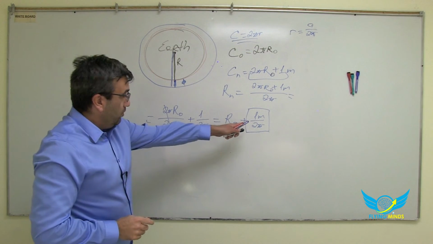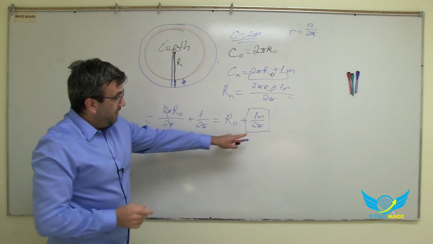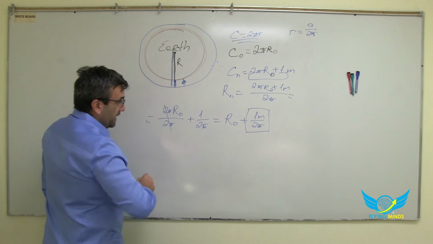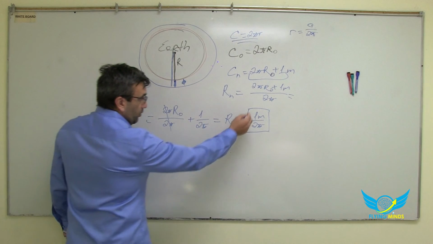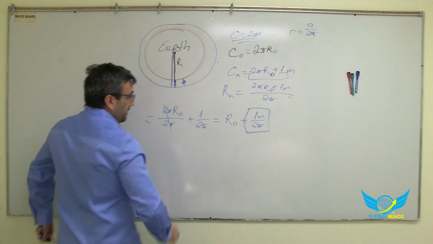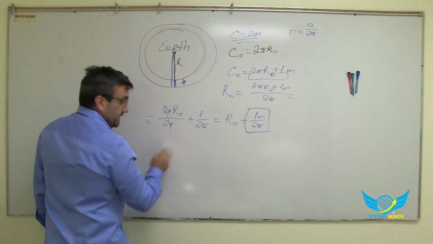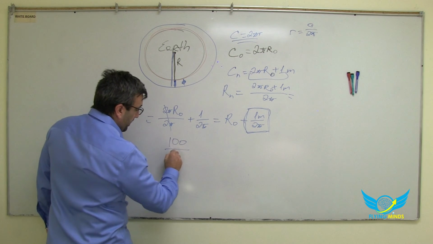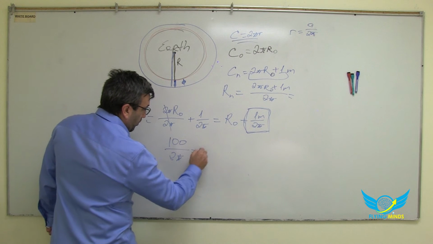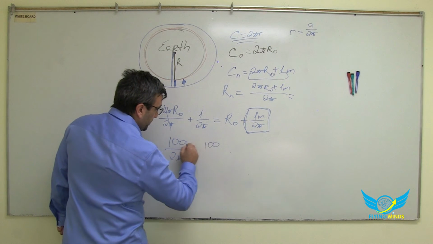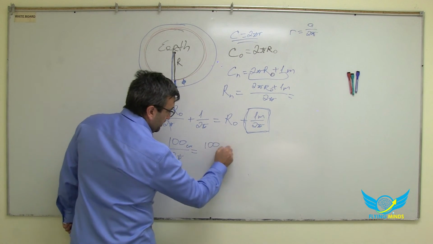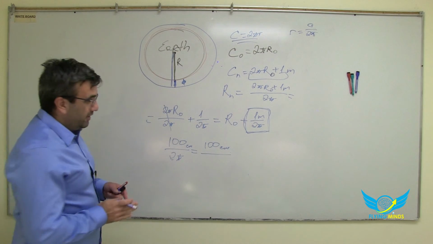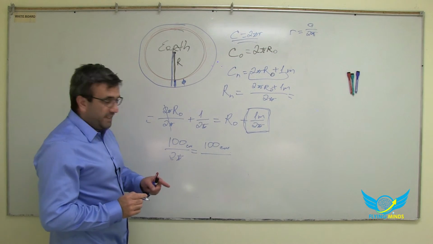Now, we want to know how wide this addition is. 1 meter, so let's do it in centimeters. We care about this addition. 1 meter is 100 centimeters, so it will be 100 centimeters divided by 2 pi. Let's take pi rounded to 3.15.